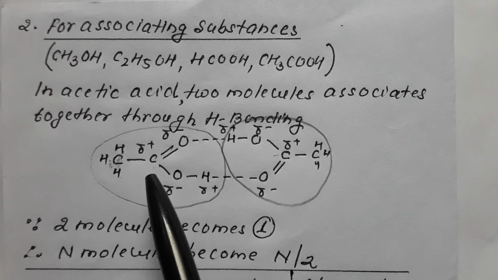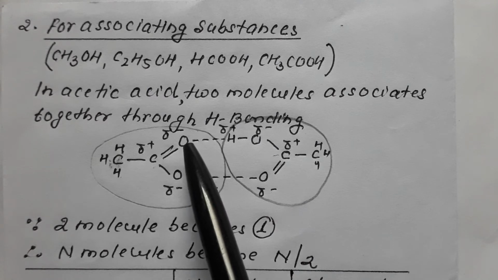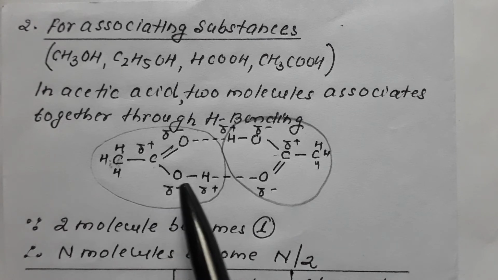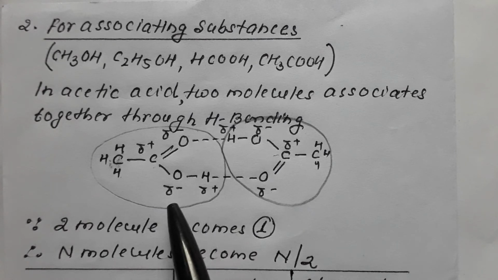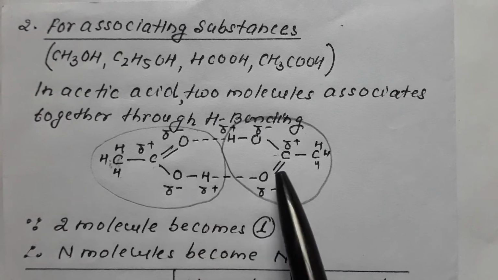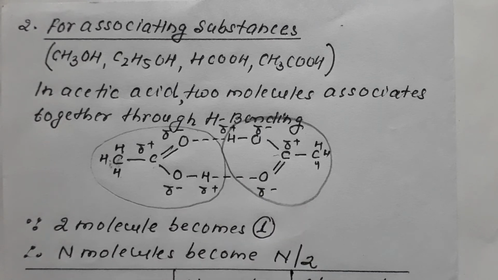Now we know that the electronegativity of oxygen is more as compared to carbon. Therefore oxygen is partial negative, carbon is partial positive. Out of oxygen and hydrogen, oxygen is more electronegative, so it is partial negative and hydrogen is partial positive. Same is with the other molecule also. So when one molecule comes in contact with the other, due to the difference in charges, they associate.